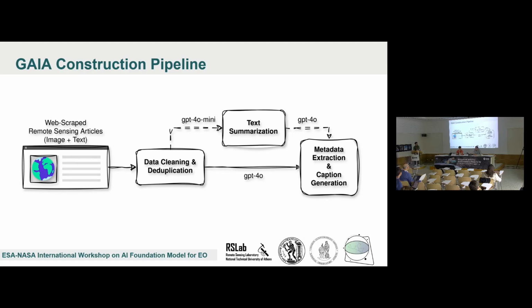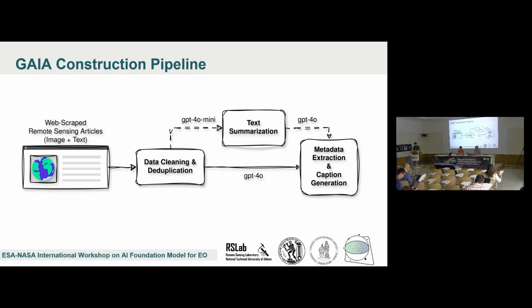So about our construction pipeline, as I said, we web scrape remote sensing articles. We have discovered several repositories like the ESA or NASA image galleries that feature articles with one main image and big chunks of accompanying text that describe the image itself.